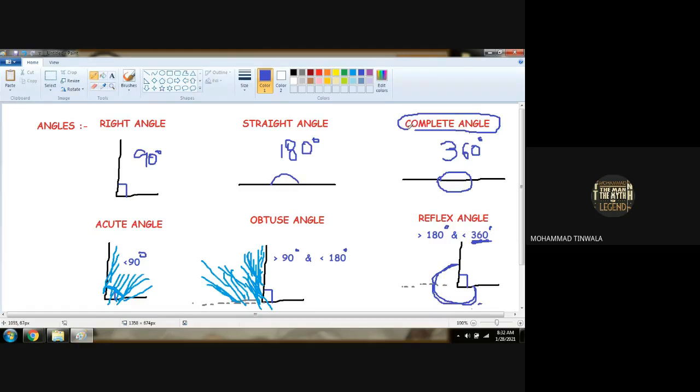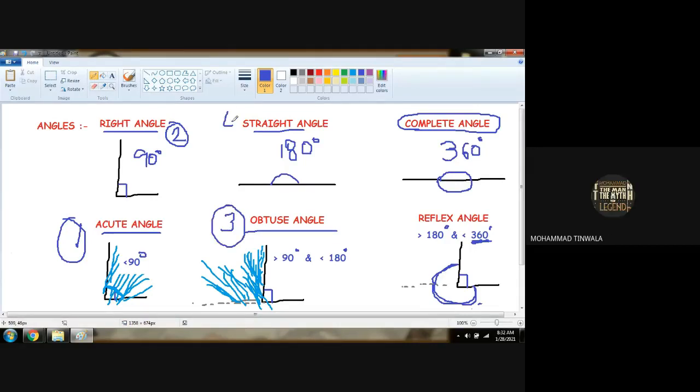So how many angles have we studied in total? Right angle, straight angle, complete angle, acute angle, obtuse angle, reflex angle. Well, give numbers. First angle is acute angle. Second angle is right angle. Third angle is obtuse angle.